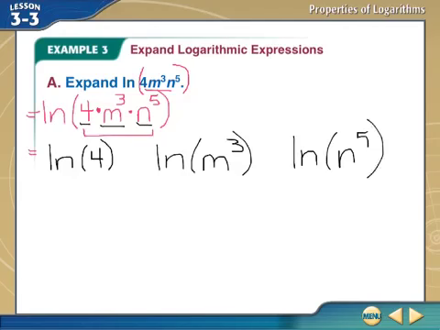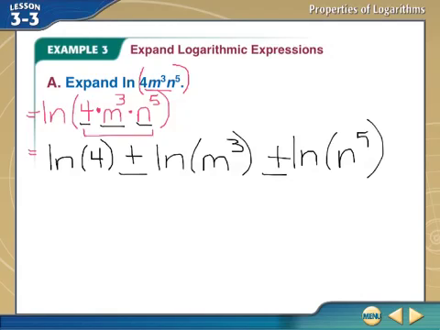In between these logarithms I should have addition signs. The product property says that if you are expanding, you have to add each logarithm to each other. So what we have here is natural log of 4 plus natural log of m cubed plus natural log of n to the fifth.